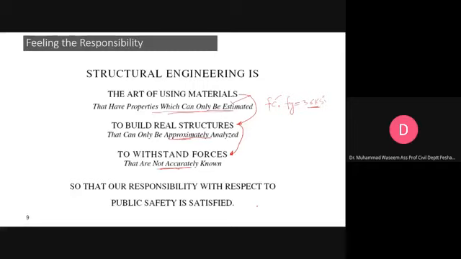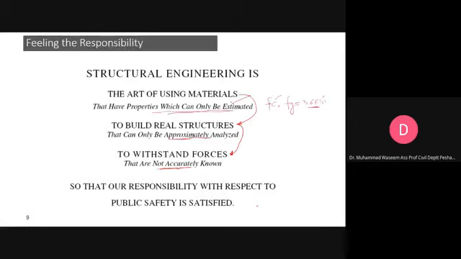Okay, now the next step is the loads. But before going to the loads, there is a definition of structural engineering. This is just an elaboration of what we call structural engineering. Structural engineering is the art of using material to build real structures so that they can withstand the forces which will be exerted over them during their lifetime.